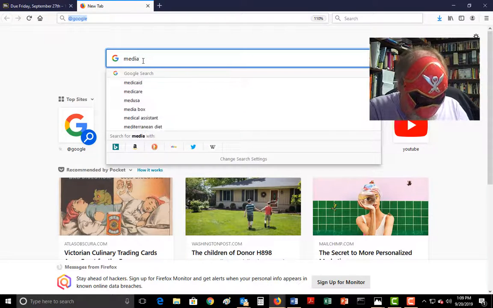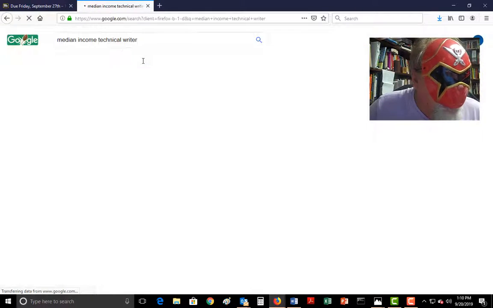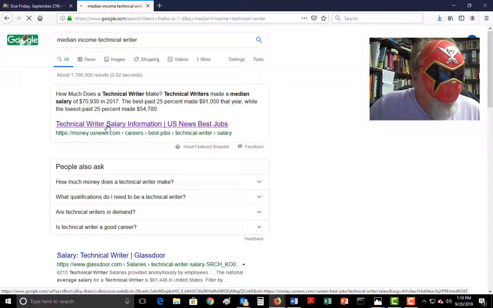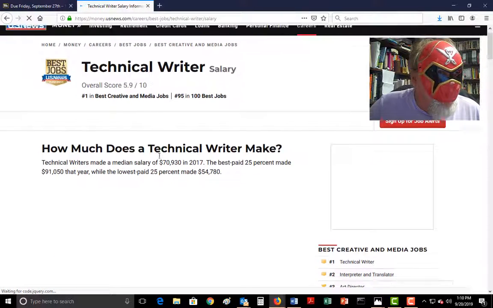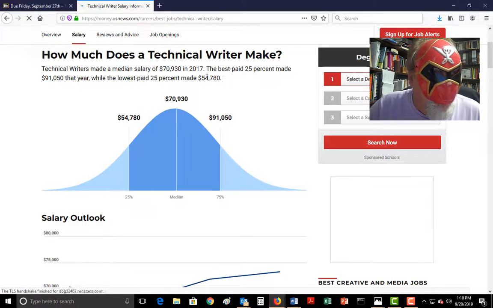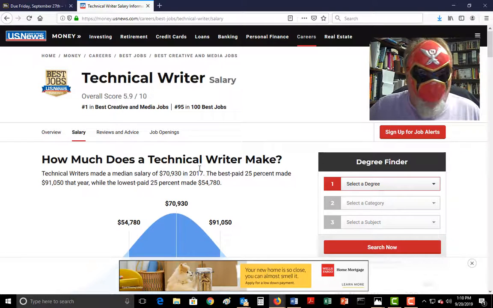Median income of a technical writer. This comes from U.S. News. These give the median income of technical writers. This is 2017. So we see those income levels as well.